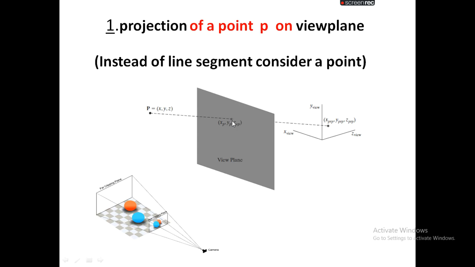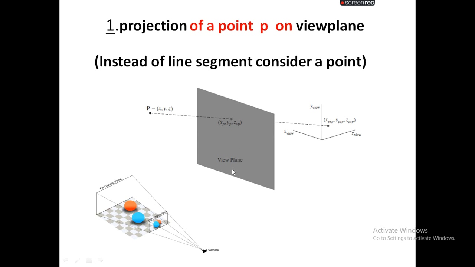That P dash is called the projected point of P on the projection plane. So like this, we are translating the position of the object in three-dimensional space into the two-dimensional viewing plane.